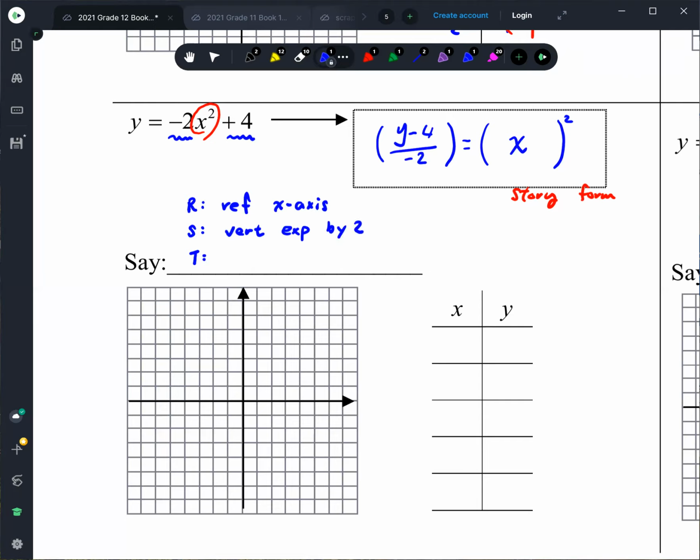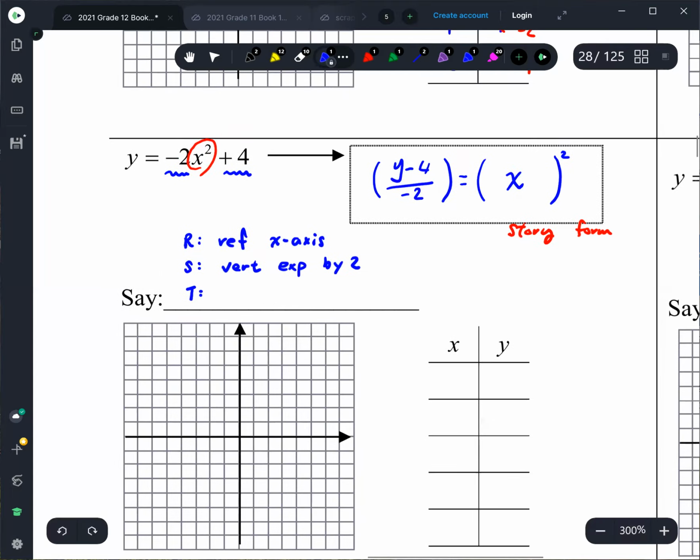Okay, translation is a new one. What kind of translation do we have, Marcus? Translate, is it 2 units to... no, 2 units, I don't know which way though.